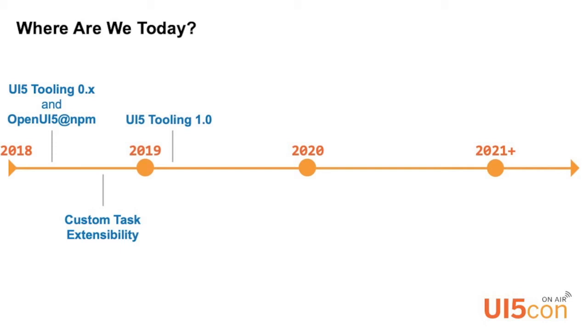So next we'll have a look at where we are today and how we got there. So back in 2018, we published the UI5 tooling as a beta for the first time, open source on GitHub and to npm. At the same time, we also published all OpenUI5 libraries to the npm registry. So with this, you were already able to use the UI5 tooling for OpenUI5 application development or also library development.